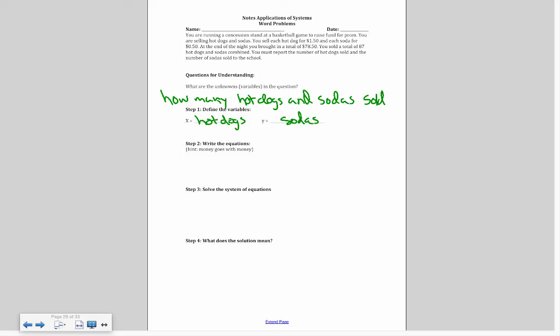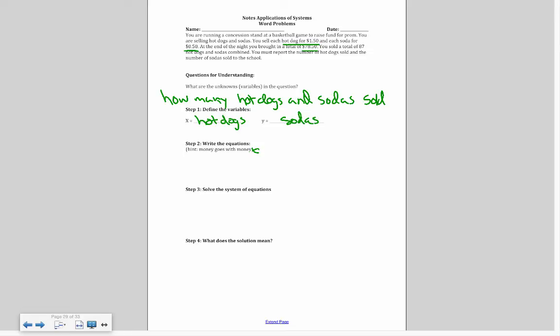Now what I do is what I call a money equation. So I have numbers that deal with just purely money. Okay? I know hot dogs are going to sell for $1.50, sodas for 50 cents, and I brought in $78.50.